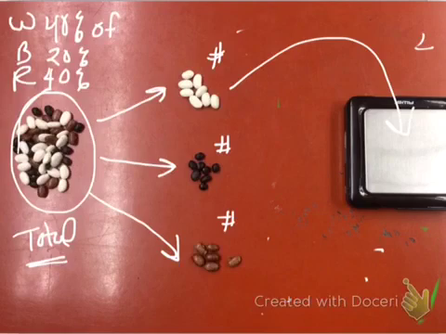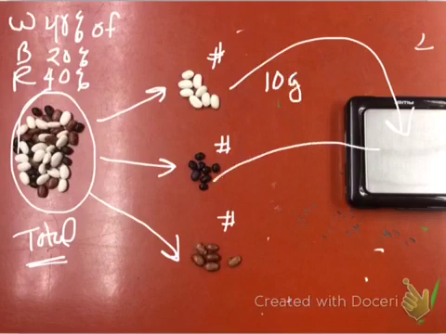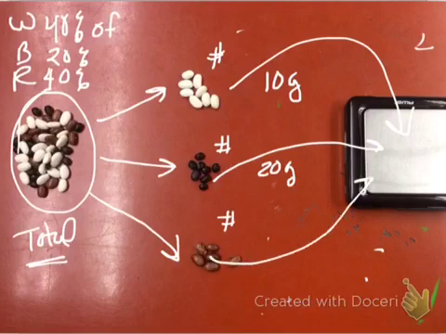And let's say it reads 10 grams. And then I put all my red beans on the balance, and let's say they read 20 grams. And then I do the same thing with my brown beans. I put them on the balance, and let's say they had a mass of 5 grams.